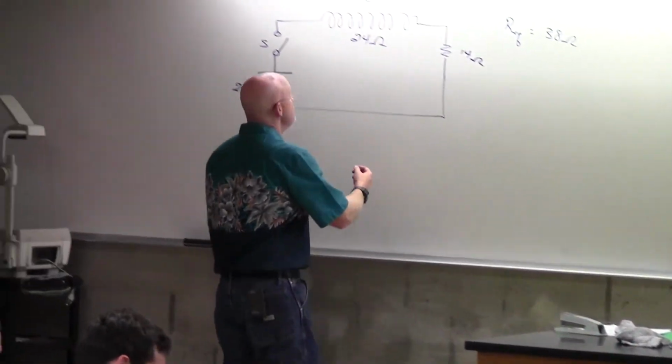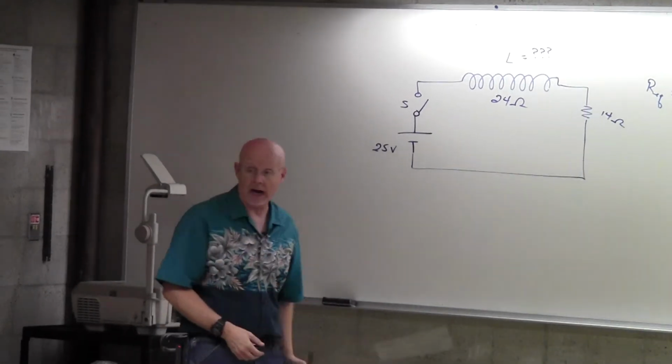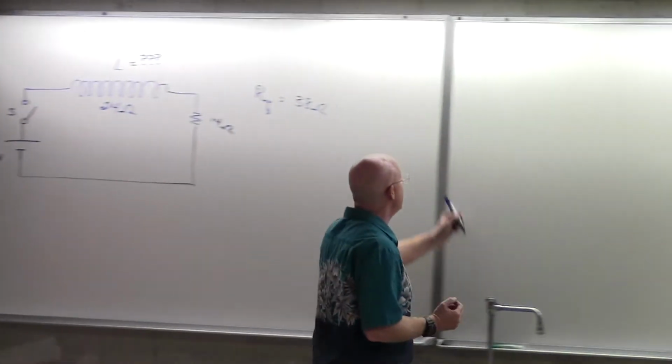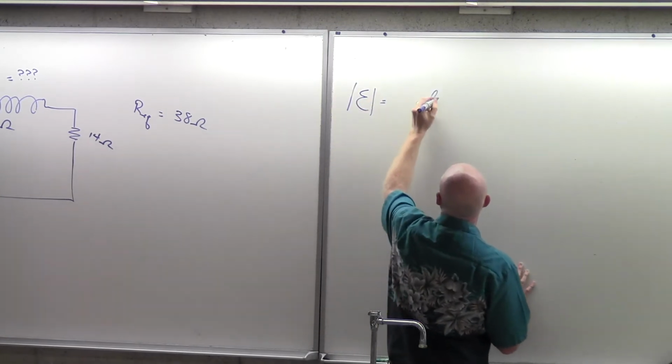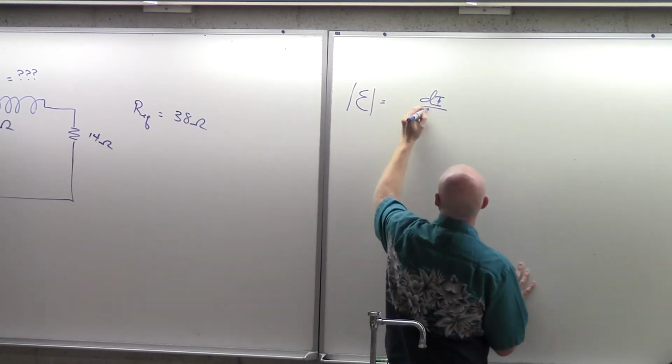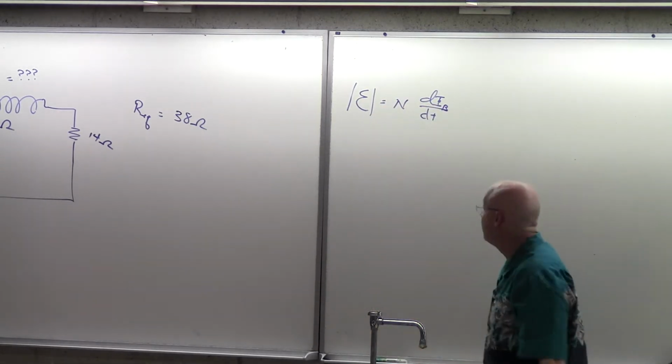So, like I said, you may or may not remember it. I don't remember it, so I need to go back and re-derive it. I know that the magnitude of the EMF is equal to the change in flux, also times how many turns you have.